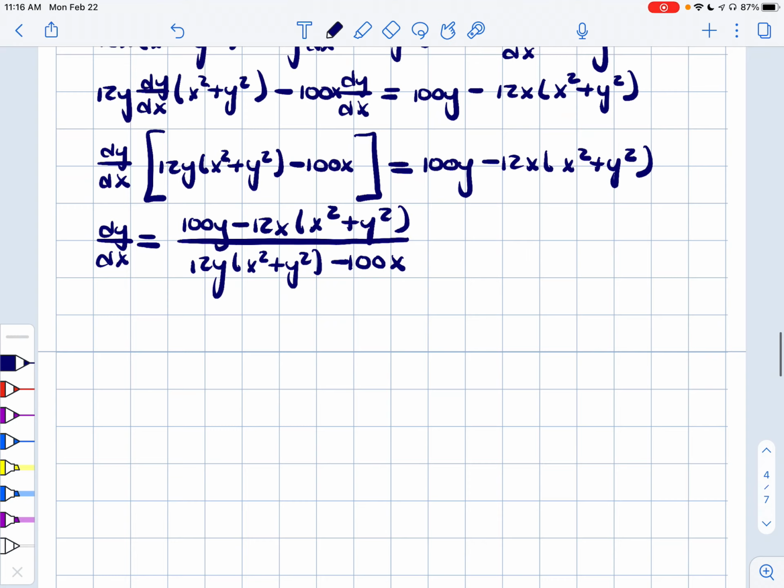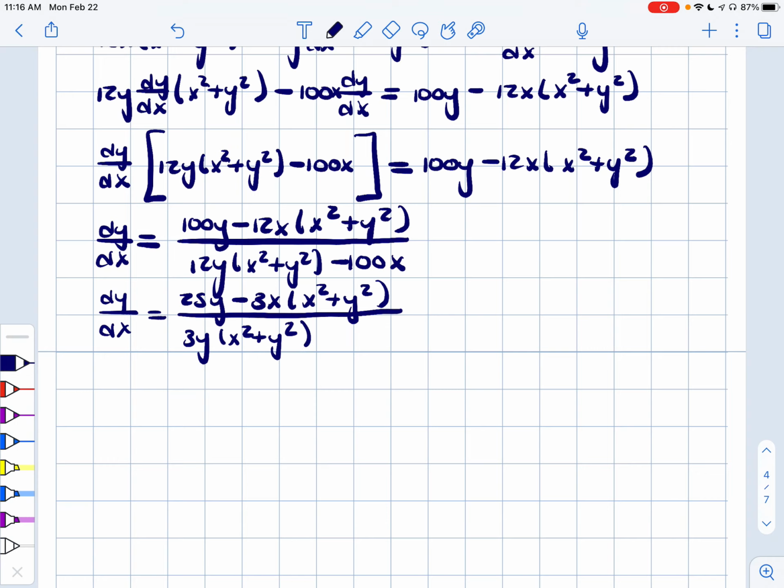The only thing left that we can do with this derivative would just be to simplify it a little bit, because every term is divisible by 4. Right, 12 and 100 are both divisible by 4, so I'm going to go ahead and reduce my fraction here. We're going to have 25y minus 3x times the quantity x squared plus y squared, divided by 3y times the quantity x squared plus y squared minus 25x.